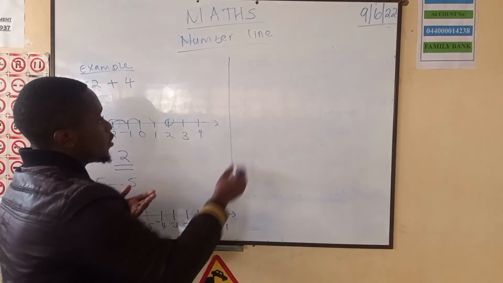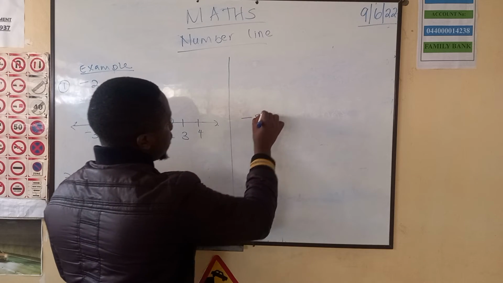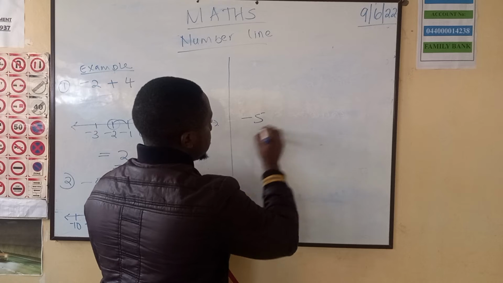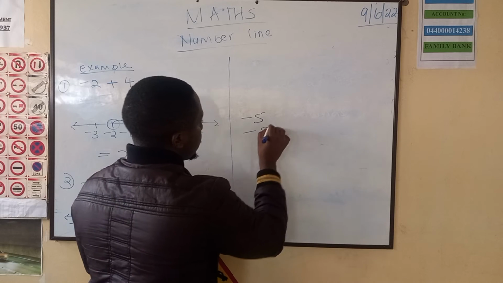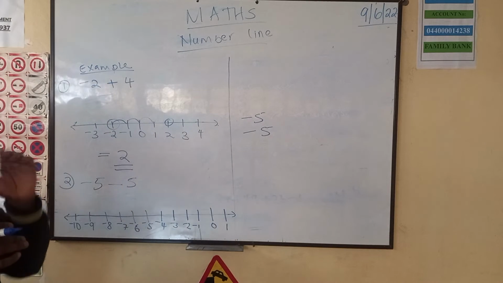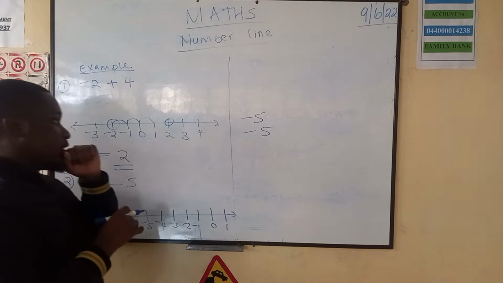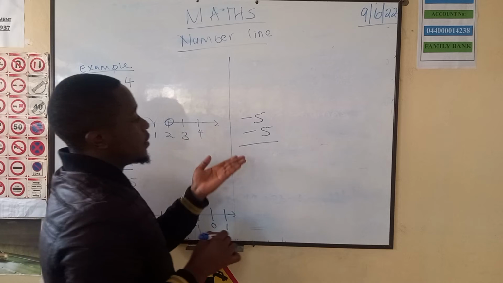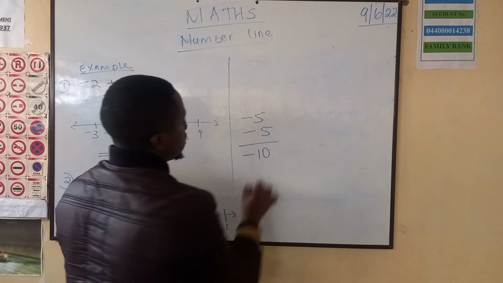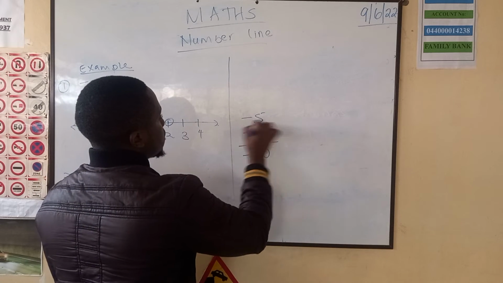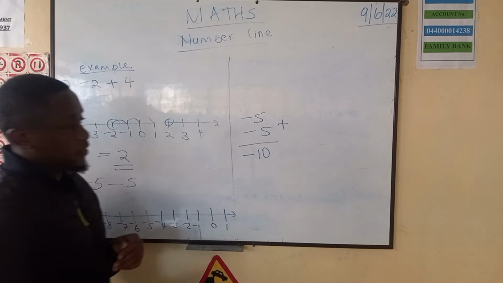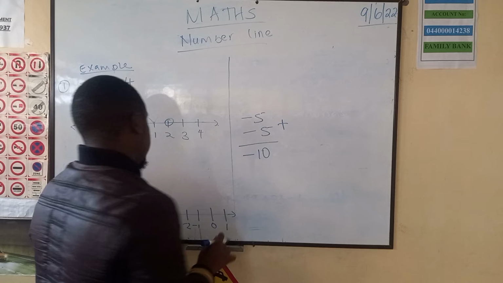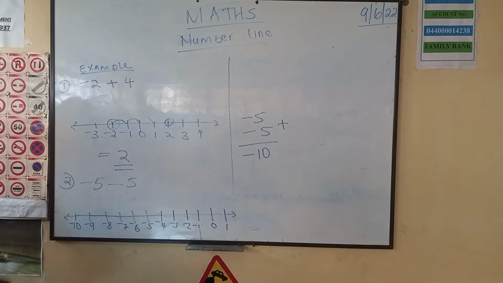You already owe the shopkeeper 5 shillings, and borrowing another mandazi means owing another 5 shillings. That brings the total sum of the debts to negative 10. Negative 10 shillings.